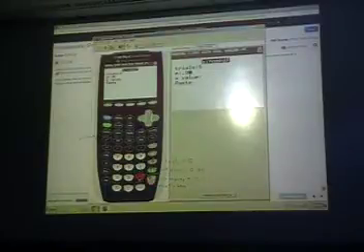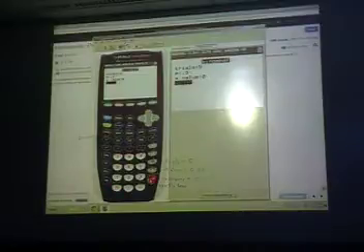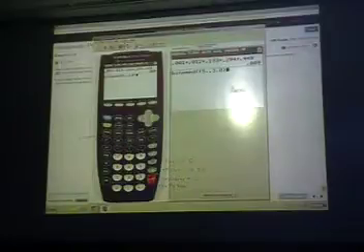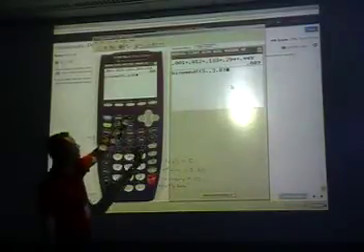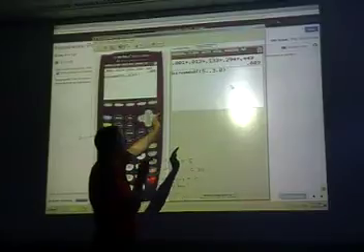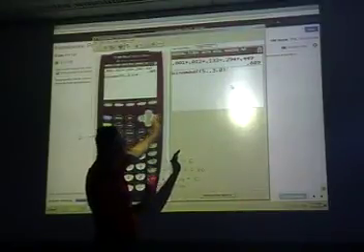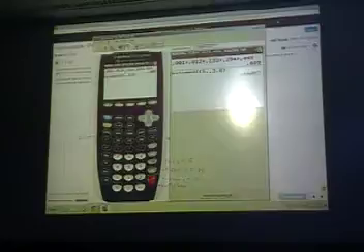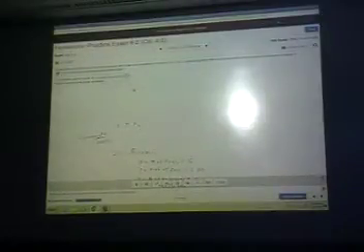Probability was 0.3, and then I'm hoping for X to be 0. When you hit paste, it takes you back to the screen and it has it typed for you. Some calculators, when you hit binom PDF, it takes you right to where the parenthesis is. And you might have to type a 5, comma, 0.3, comma, 0. You might have to type that yourself, or it might be like this where it does it for you. The answer, and it says round to 3 decimal places, 0.168. So if you're trying to do an exactly binomial, you use PDF.